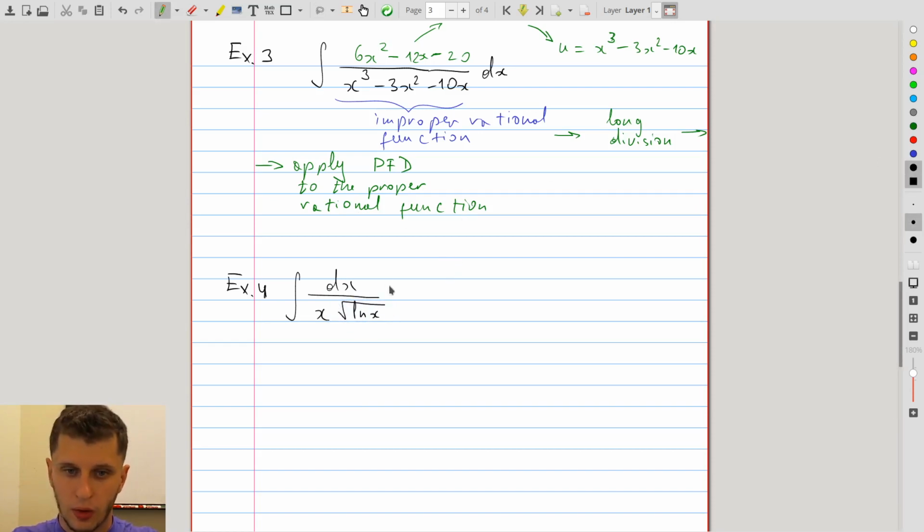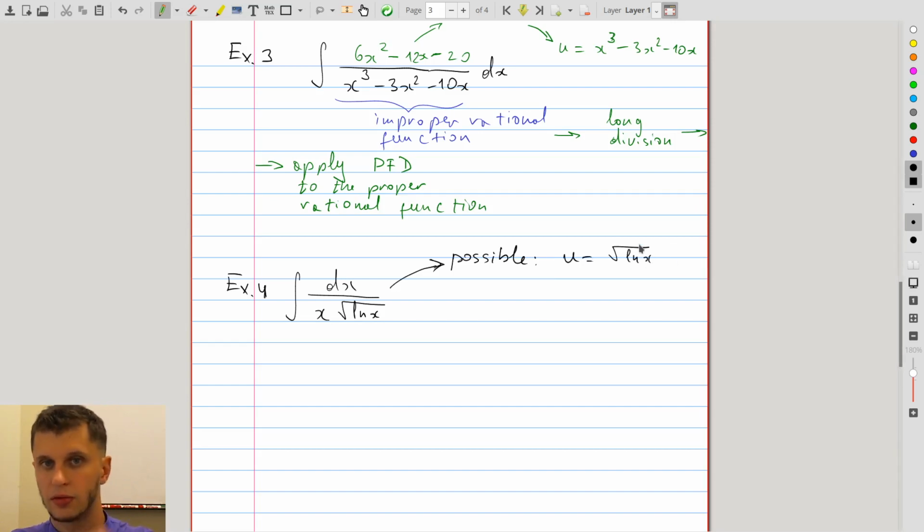So one way to proceed here would be to try the substitution that we use whenever we have a radical in our integrand. So one way to proceed would be to set u equal to that square root.